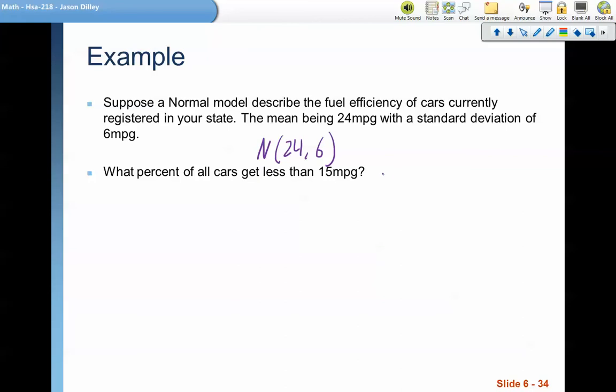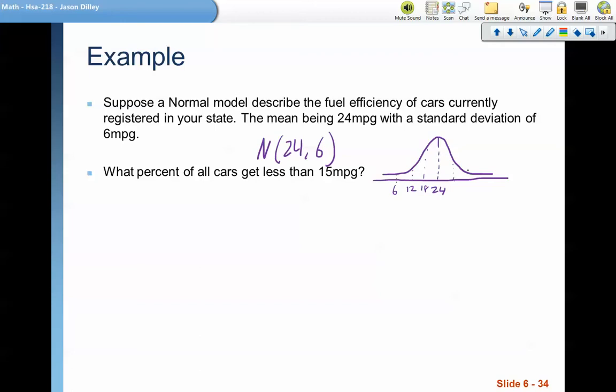So again, the first thing we're going to do is draw a picture of the situation because this is what we always want to start with. Making a picture helps us make sense of things. The mean is 24, and then our standard deviations are 6. So this is 18, 12, and 6.